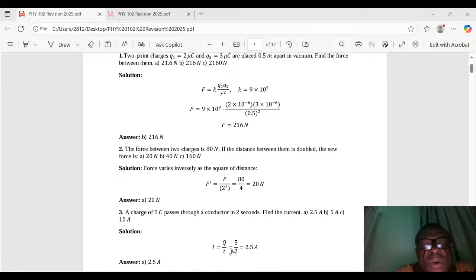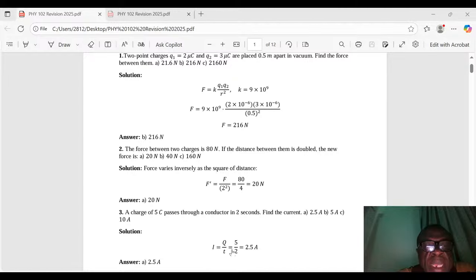F prime is equal to F all over R square, and R is doubled. If it is doubled, that is 2 squared, and you have 80 all over 4, and that will give us 20 Newton. So the correct answer is 20 Newton.